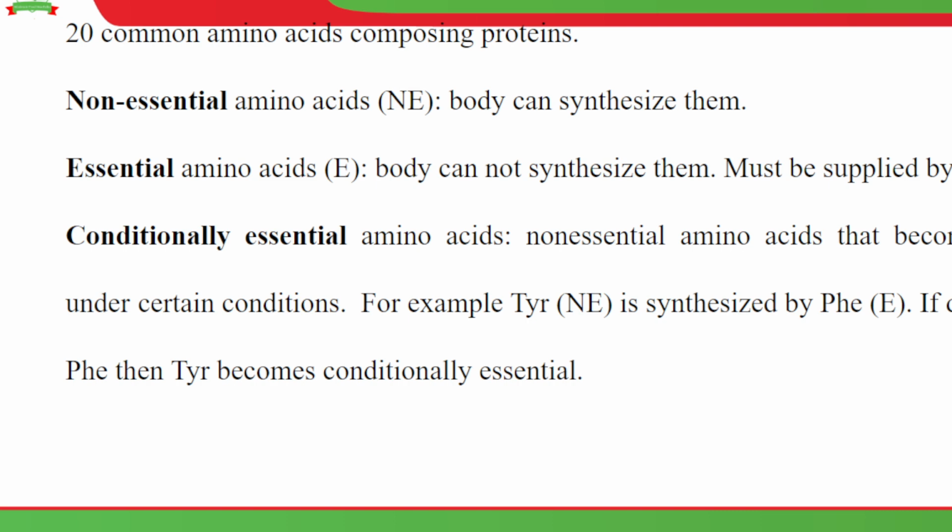Let me give some examples of these amino acids, starting with non-essential amino acids. We have alanine, asparagine, aspartate, glutamate, glycine, serine, and tyrosine, which we mentioned earlier.